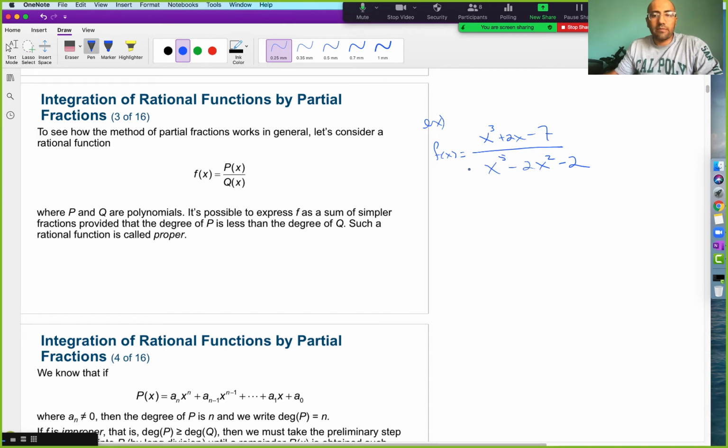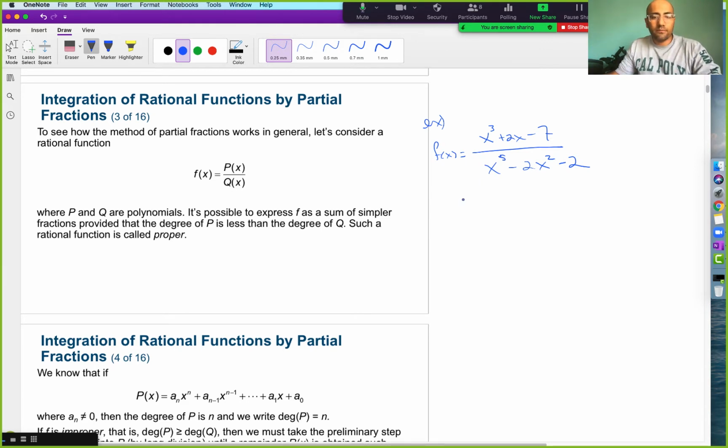This is just a random example of what this could look like. So it's a rational function where the numerator is some big, ugly polynomial, another polynomial in the denominator, and we want to find a way to represent this, to separate this into the addition or subtraction of smaller, simpler fractions, with the goal being that hopefully once we break it up, it'll be easier to integrate it.